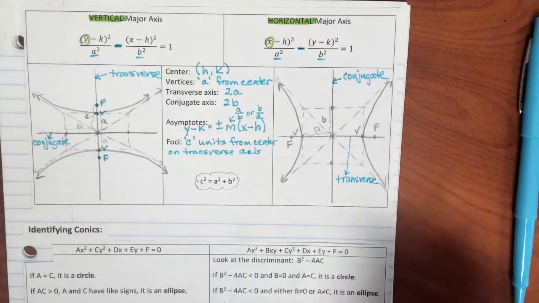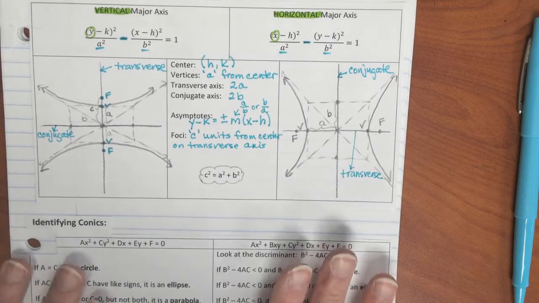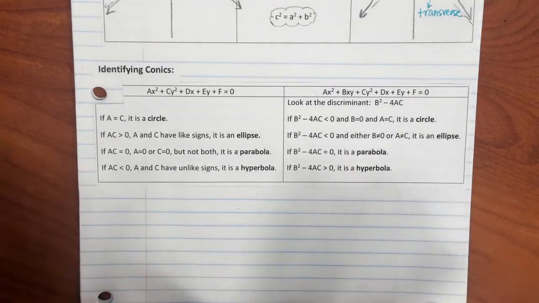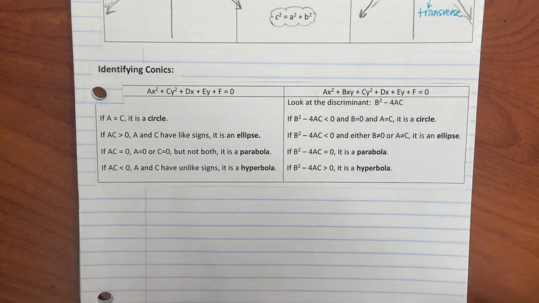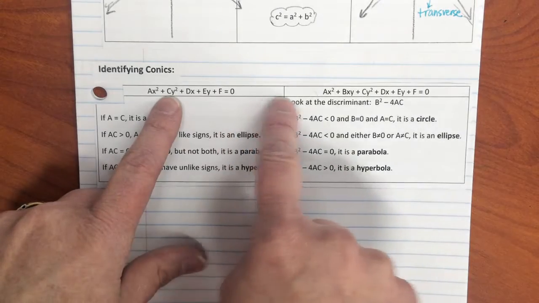All right, let's practice some of these and see how we can determine the equation given some of the pieces. But first of all, now that you've done all of the conics, I want to just kind of back up and show you how easy it is to identify the conics given an equation of this form.